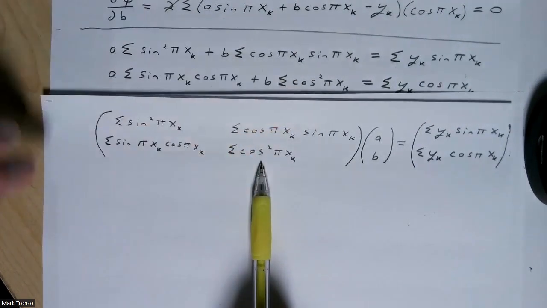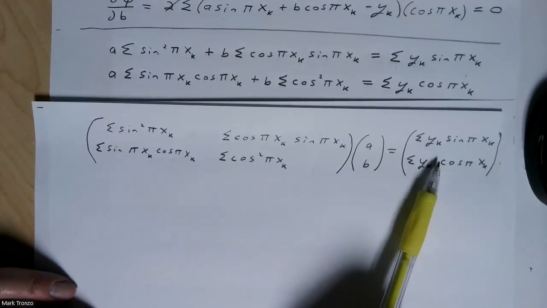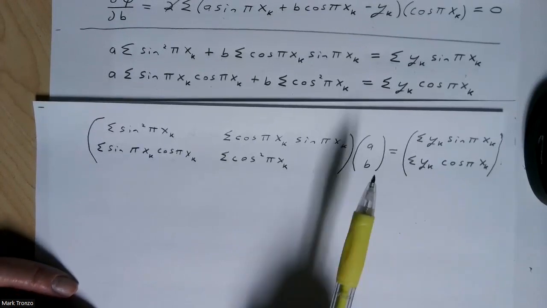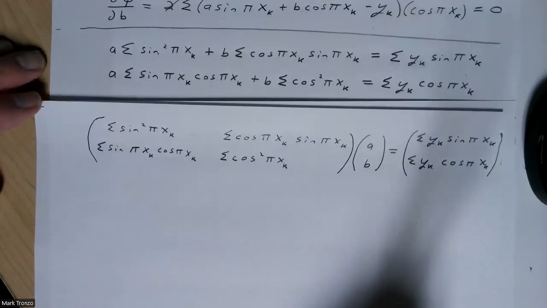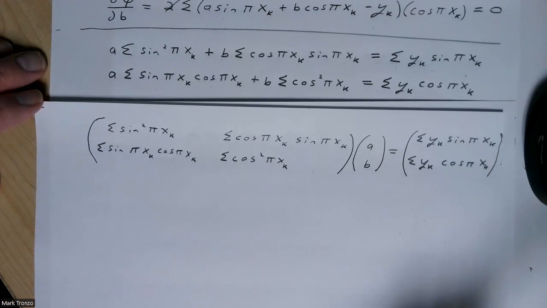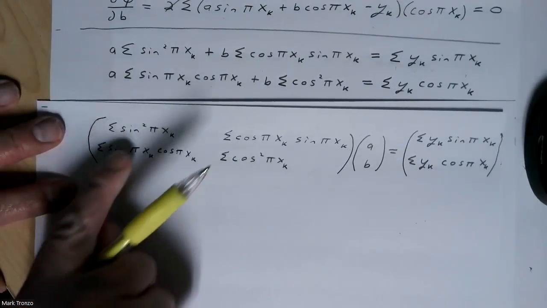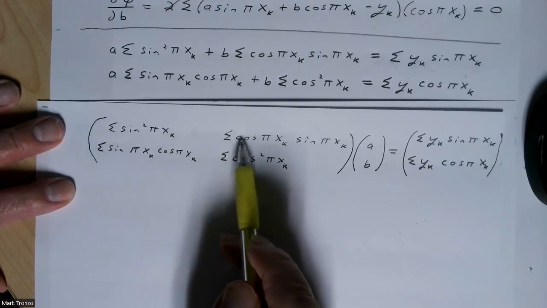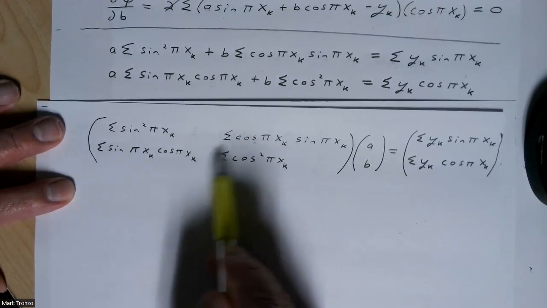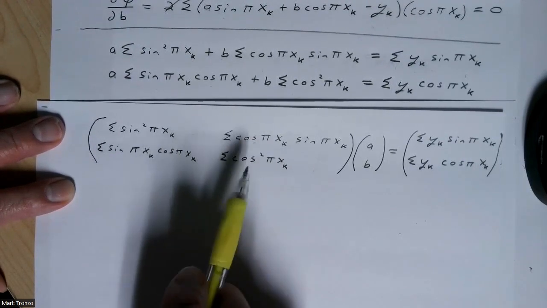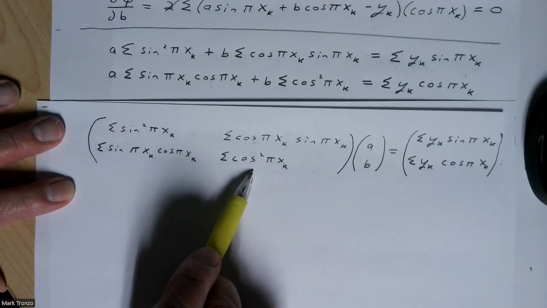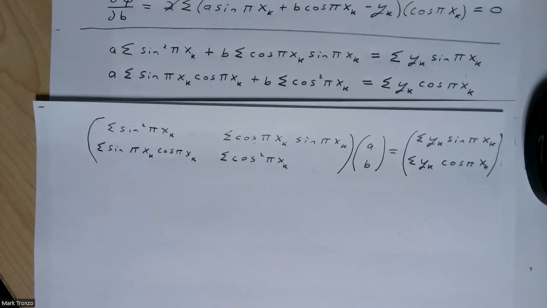Over here, cos squared. Right-hand side, we have sine and cos. And we can give these names if you want, or just keep them like this. It's up to you. I'll do the same as before. I think these are both the same. We called those P. We called this S.